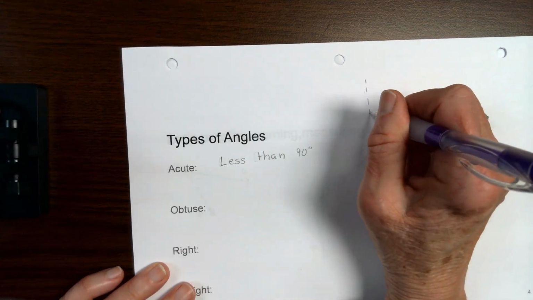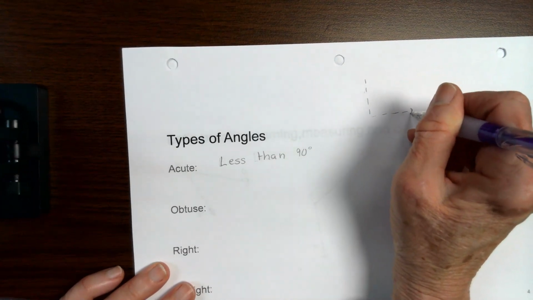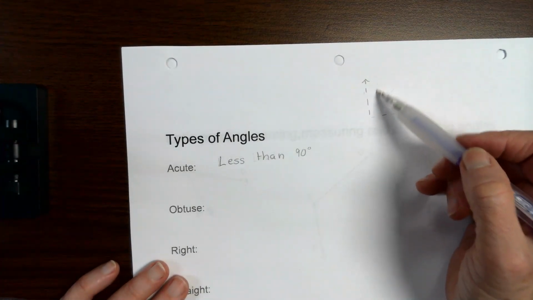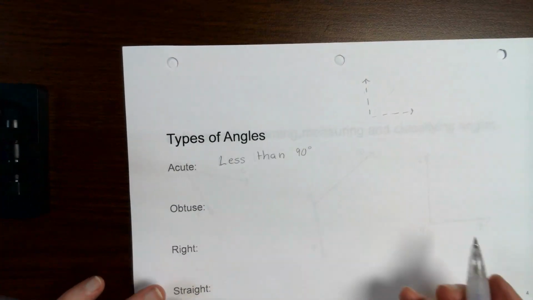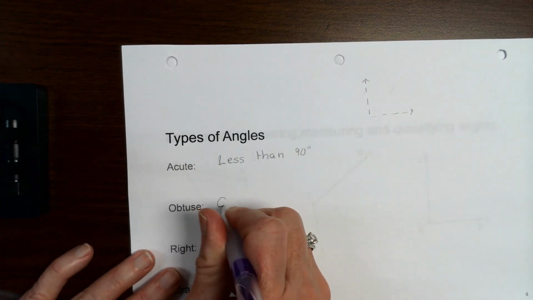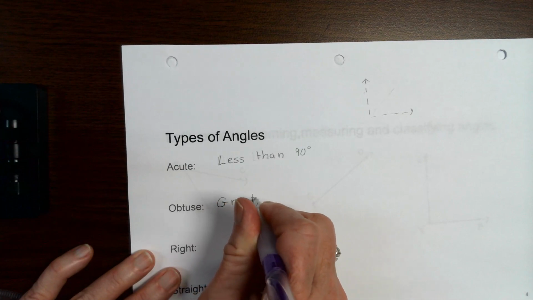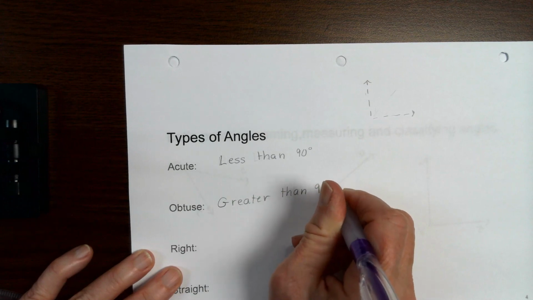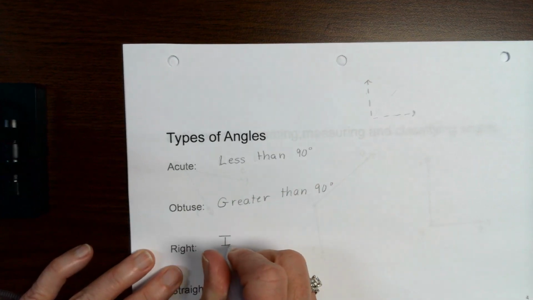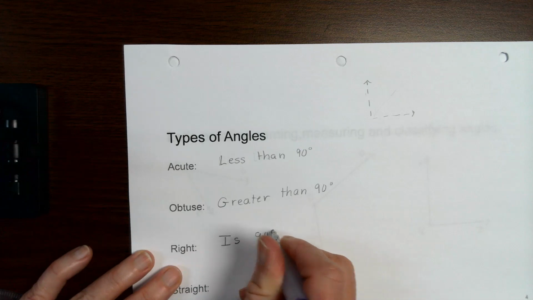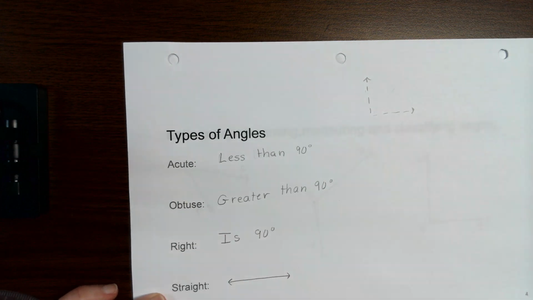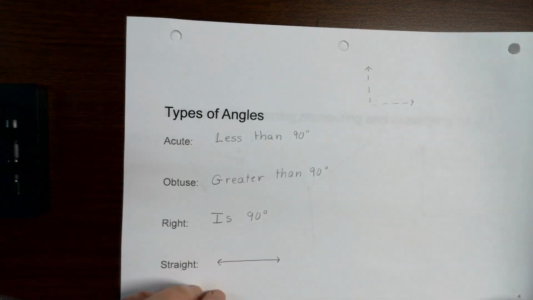So if you're looking at 90 degrees, it's like the corner of a paper. So less than 90 degrees is going to be anything over here. So we'll practice some of those. Obtuse is greater than 90 degrees. Right is 90 degrees. And a straight angle is just a straight line, which is actually like 180 degrees.